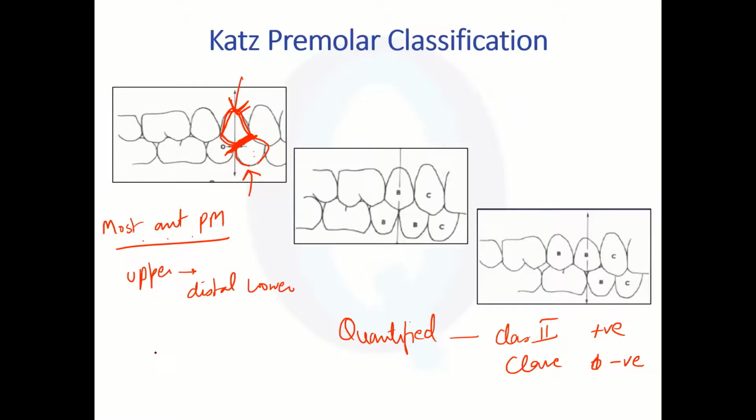If Katz premolar classification says minus 4 mm, the patient is class 3 by 4 mm. If it is plus 10 mm, there is class 2 malocclusion by 10 mm. Okay, so this is Katz premolar classification.